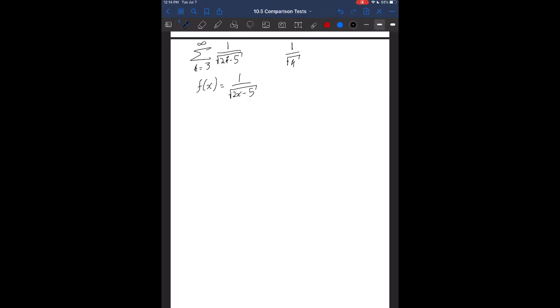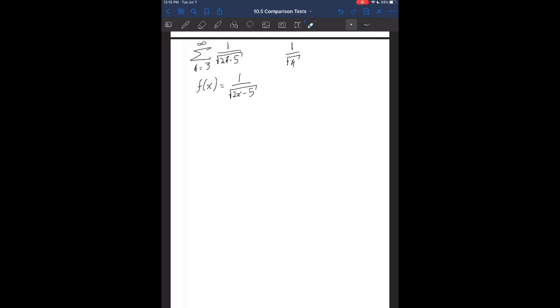And this should be an x, actually, 2x minus 5. In this case, we get that it's continuous, right? There's no asymptotes from 3 to infinity. This bottom is never going to be 0.